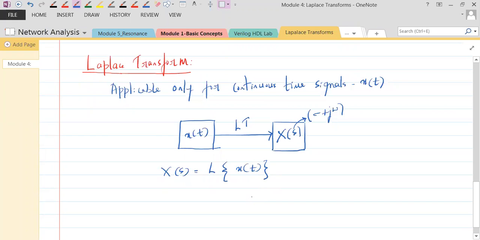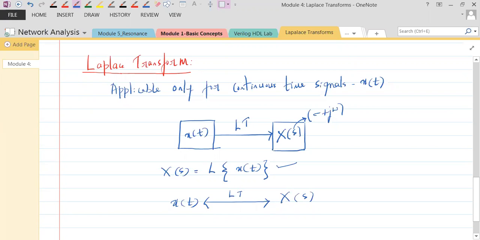We can say like this. Understand that? So what is x of s? X of s is obtained when you apply Laplace transform on x of t. This is one way of representation. Or we can represent the same as x of t, bidirectional arrow, write LT here, then x of s. What is the meaning of this? If you have x of t in hand, you can apply Laplace transform on it to get x of s.